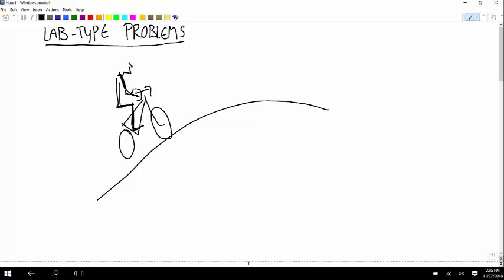He's really skinny because he's been training for the Tour de France. Okay, so let's say, what was the point of drawing this, I wonder?